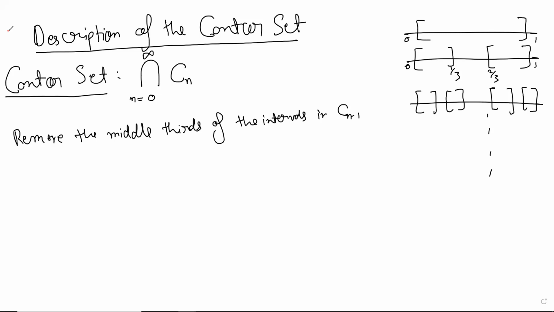I can say a good description, or a closed description, not recursive, a direct description. Like what numbers, the numbers that are remaining, how would they look like? Do they have any specific property?